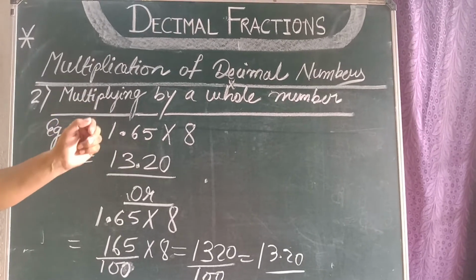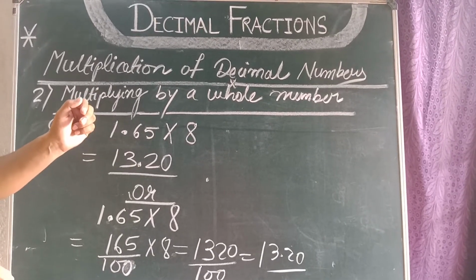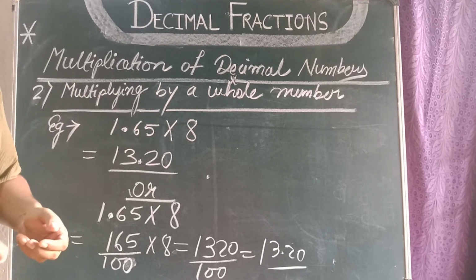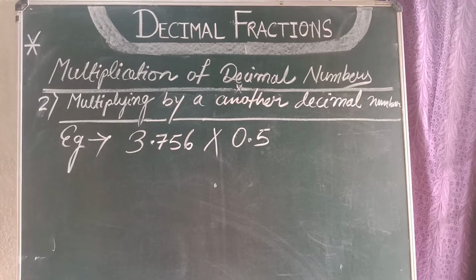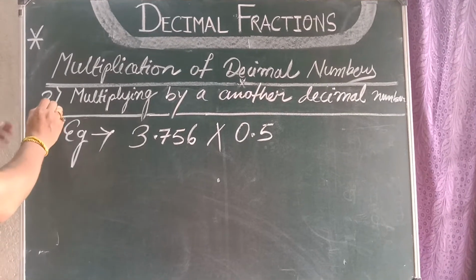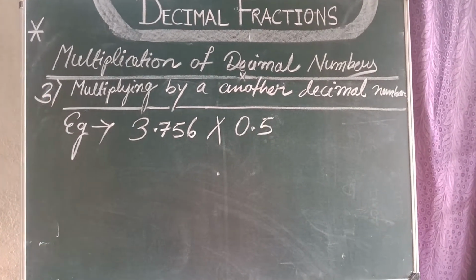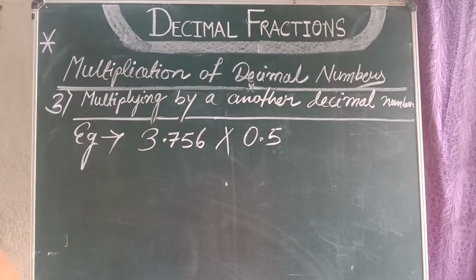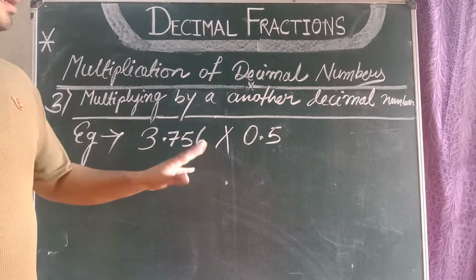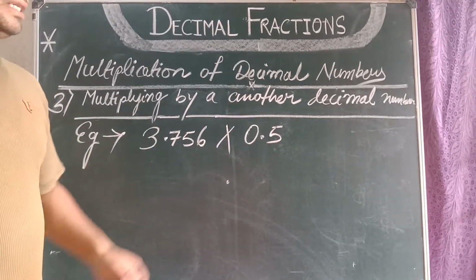Now we'll go for multiplication of a decimal with another decimal number. So now students, we'll go for the third type of multiplication. It means one decimal is going to be multiplied with another decimal. In that case, what is going to happen?